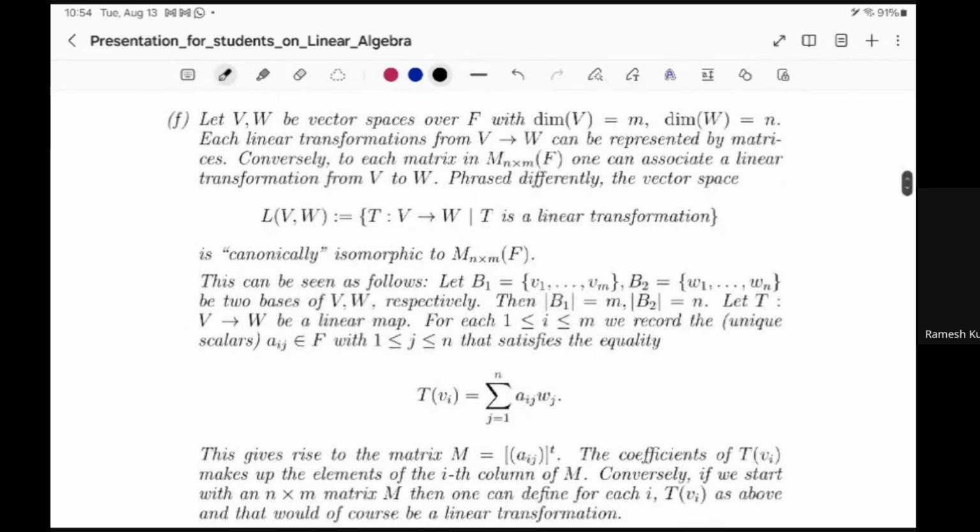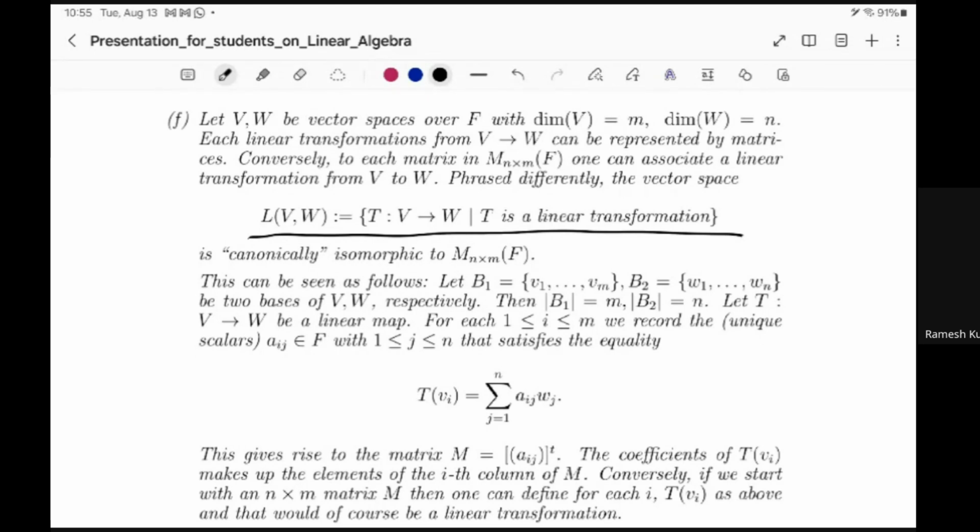Say L(V, W) is the set of all linear transformations from V to W. Then this is the same thing as giving you the set of all matrices of order n by m. I will explain what I mean by same. Note that this n and m have been switched. It's not m by n, it's n by m.